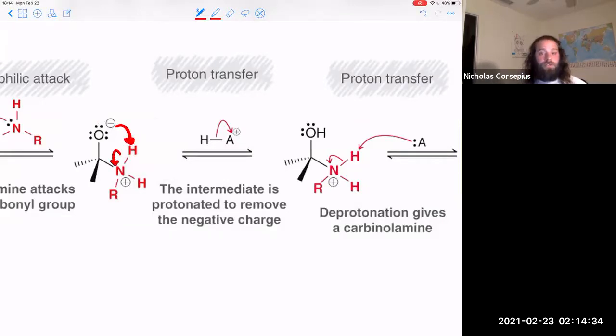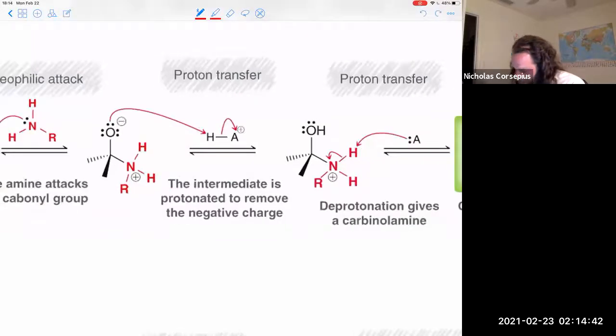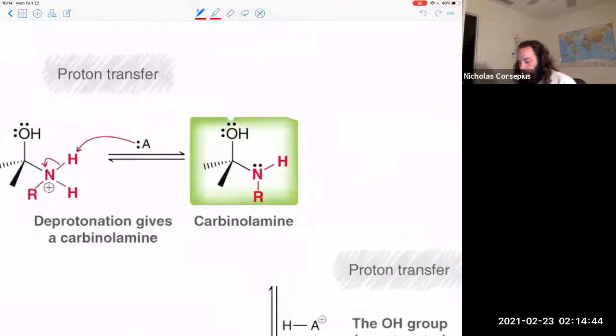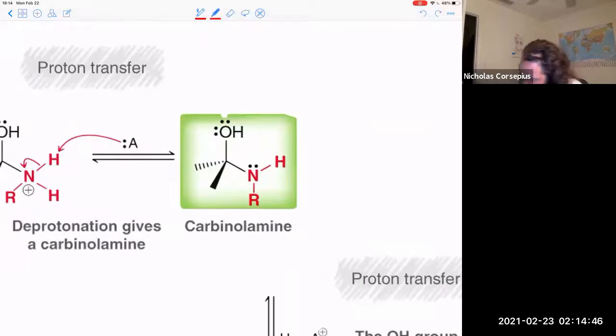So you could do these 2 proton transfer steps in one, whatever you guys want to do. And now we get to what's called a carbinolamine, carbinol for the alcohol group, and amine for the amine group. But these are not stable. So your carbinolamine does not last.